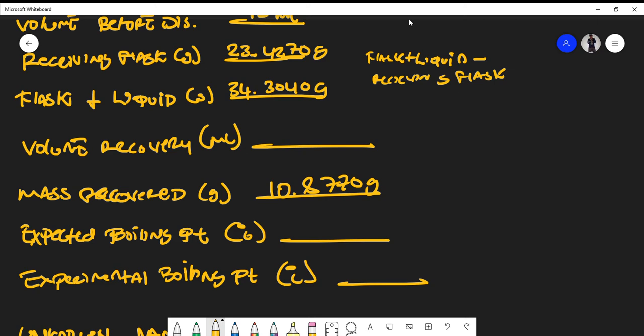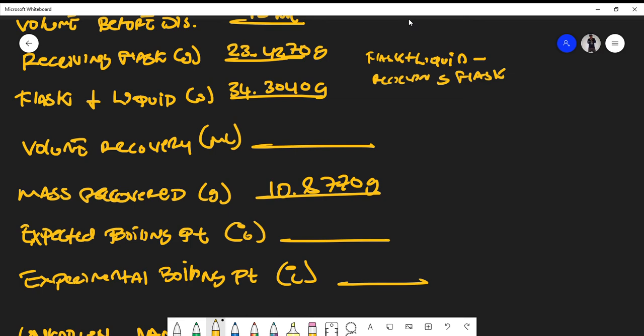Now, what is the volume recovered? Well, this is an experimental value that we measure after we get the volume in the flask, right? So we get the mass of the substance in the flask, and that is the mass recovered. We could do this two ways. We could measure the volume, maybe in a graduated cylinder, or we can use the density.